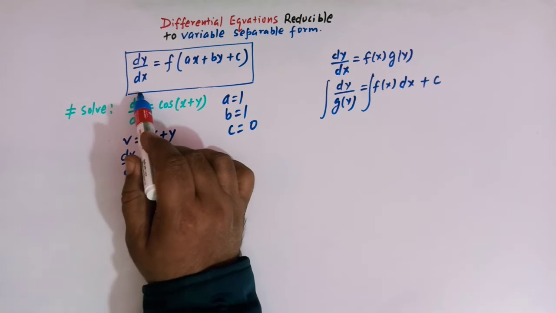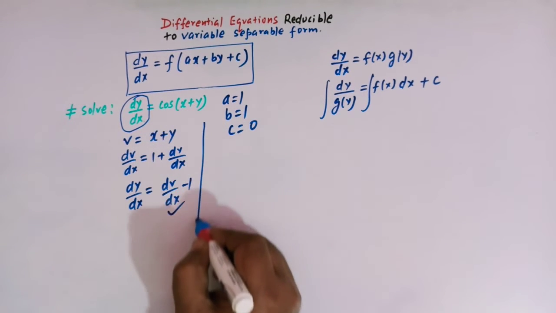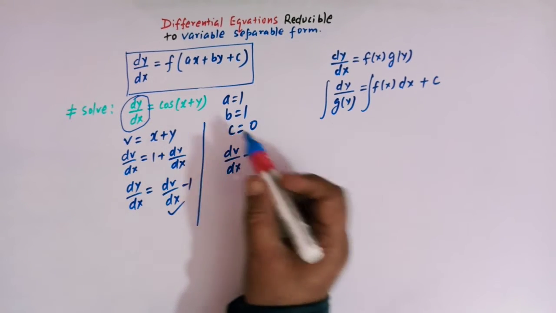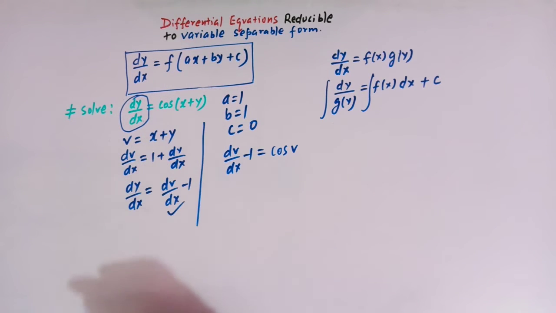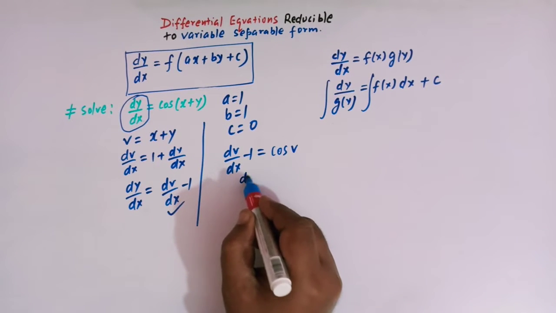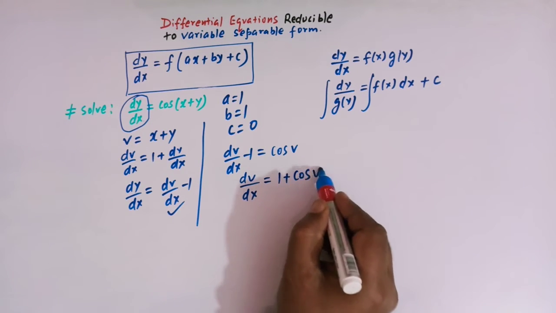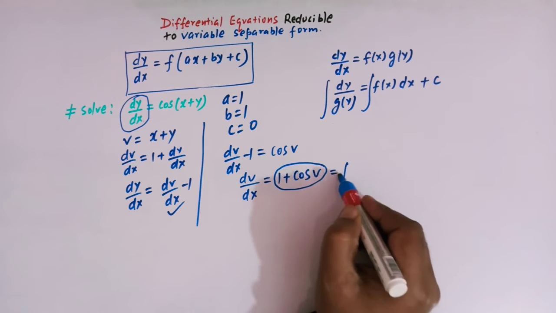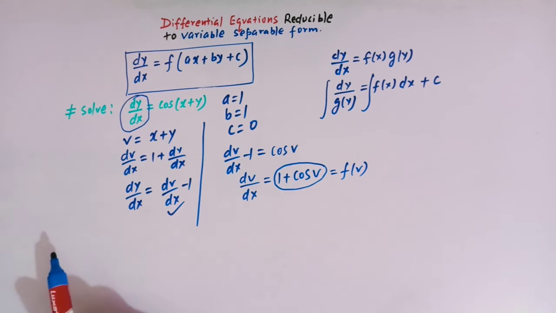Now dy over dx can be replaced by this term, so we write dv over dx minus 1, and here we have cosine of v, because x plus y is equal to v. Taking this negative 1 to this side, we have dv over dx is equal to 1 plus cosine of v. Now this function is a function of v only, and we have got a variable separable form.